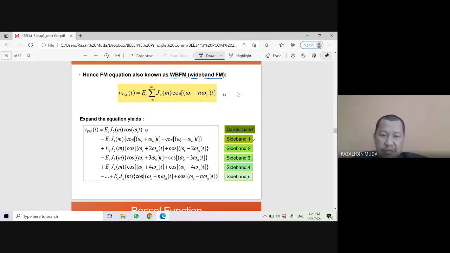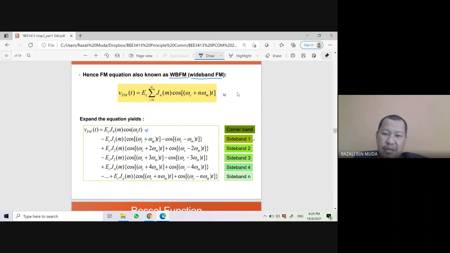You have the positive, the carrier. You have the carrier, which is positive, and EC J, which is J1, J2, J3, J4, and till Jn. And we have the positive part, or the omega C plus omega M part, which is the higher frequency or the right sideband.